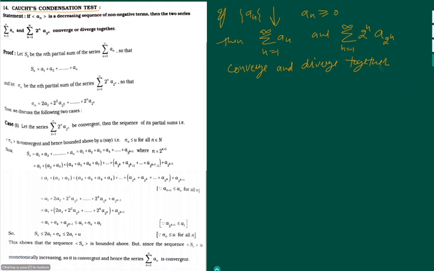What is meant by saying converge and diverge together? It means if one series is convergent, then the other series is also convergent, and if one series is divergent, then the other series is also divergent.